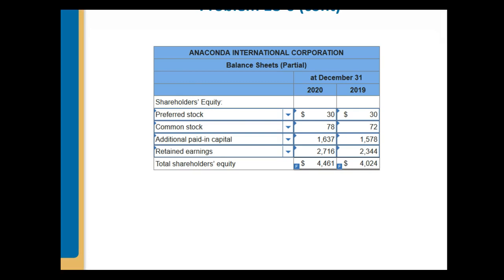The additional paid-in capital, again, the job here is to just post the journal entries. 1578. Additional paid-in capital in 2020 is 1637. Our retained earnings, 2344. In 2019 and 2020 is 2716.